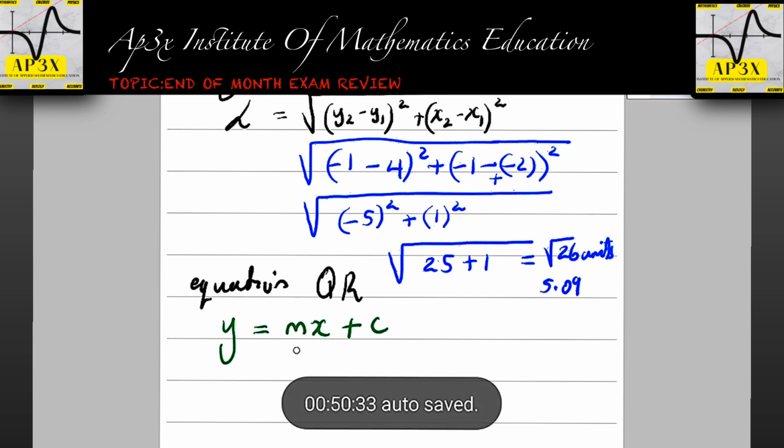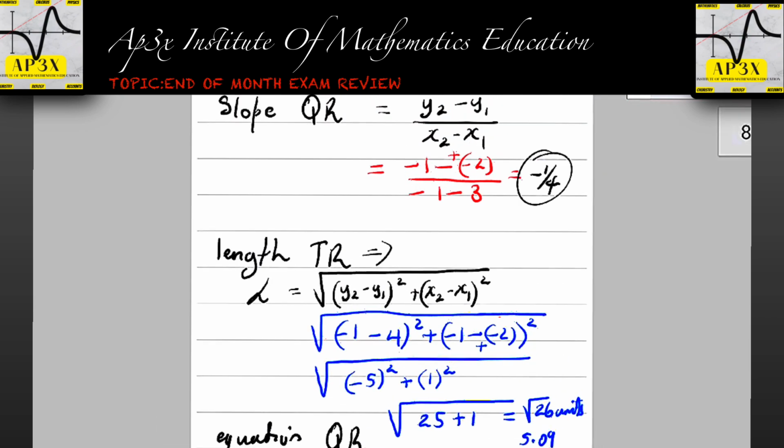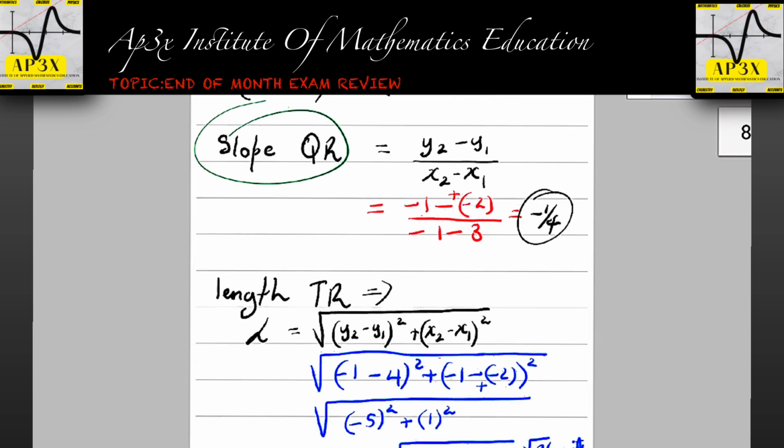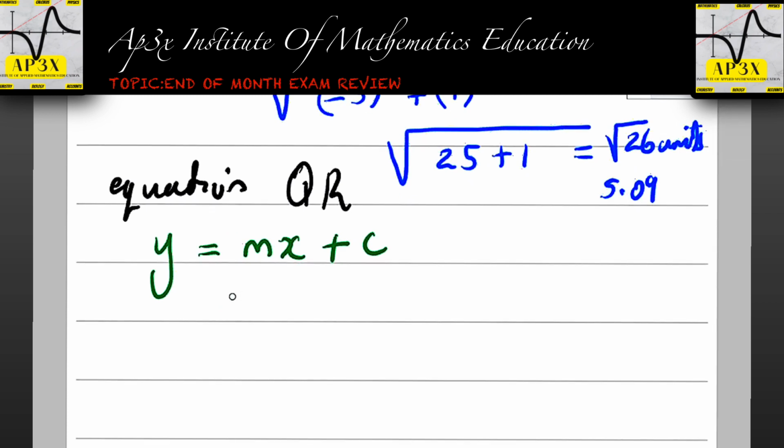The gradient of QR, which we had already calculated up here, is minus a quarter. So down here I already know that m is minus 1 over 4. I know that for certain. That's going to be multiplied by x.